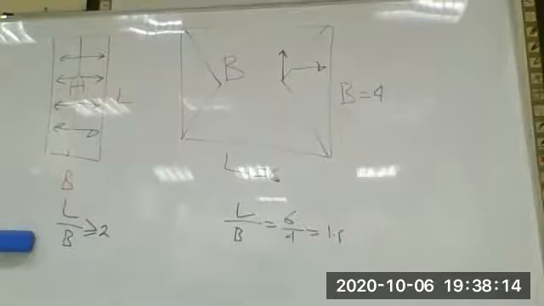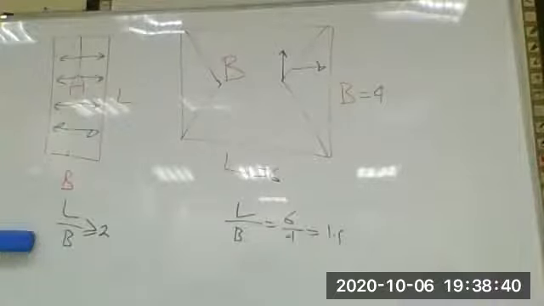B1 here has two components, X and Y. The X component of B1 should be B1 cosine 30. That's why I told you to memorize cosine 30 without using the calculator.